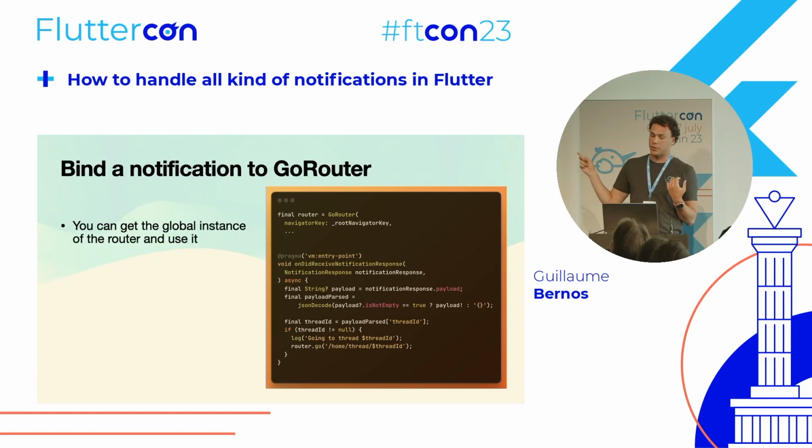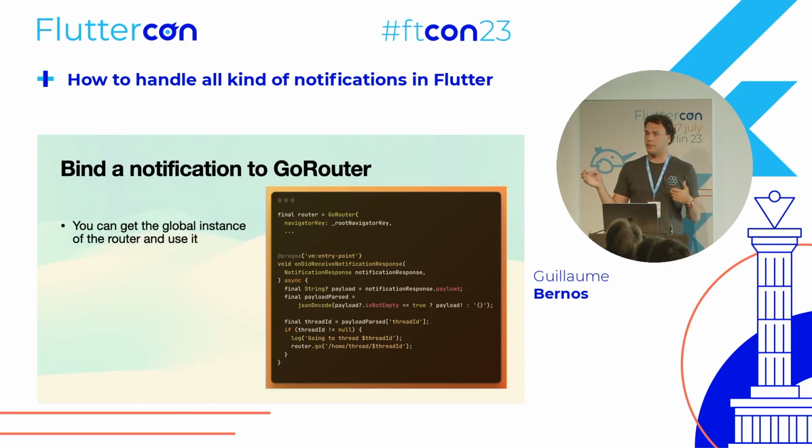As you may know, GoRouter is often used directly in the widget tree. So you have your MaterialApp.router, you add your router, and everything works fine. But when responding to a notification, when you click on it, you might want to change the location in your app. This is where you can get directly, for instance, here the thread ID from the payload of your notification, and then directly use router.go.